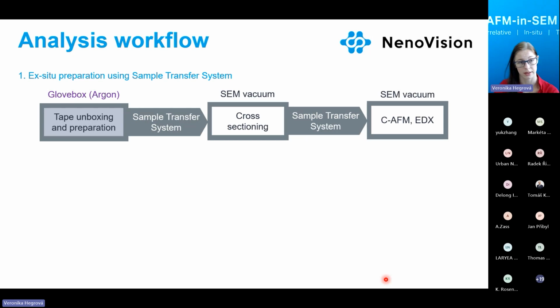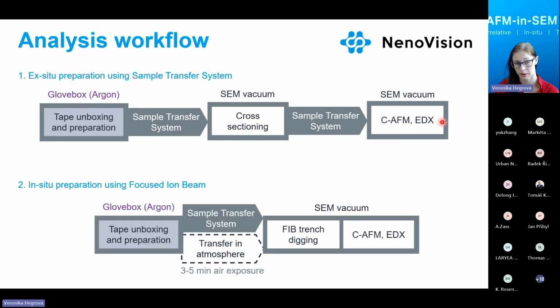What it means is that we unbox the tape in the glove box, so it's in argon atmosphere and has never been on air. Then we use the sample transfer system to place it into a cross-sectioning machine, either the SEM with FIB or broad ion beam polisher. And then we transfer it to SEM with LiteScope for the conductive AFM and EDS analysis.